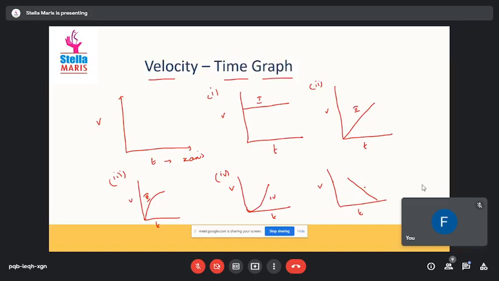Okay, so what about the first graph? Any idea? What does it say? Object is at rest, sir. Is that Auxilia, am I right? Yes, sir.